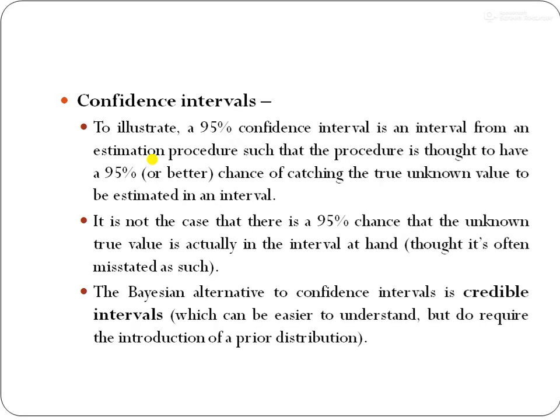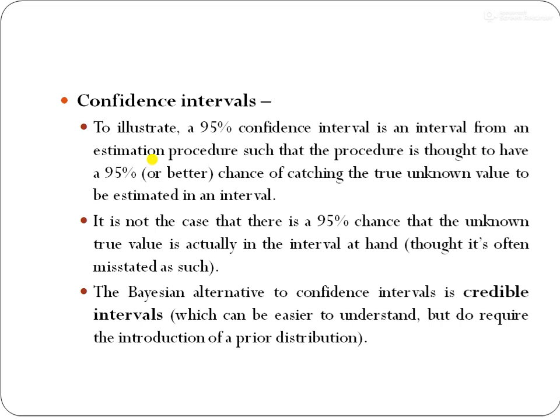The last one is the confidence interval. A confidence interval tells us about the probability of capturing the true value. For a 95% confidence interval, it is an interval from an estimation procedure such that the procedure has a 95% chance of catching the true unknown value to be estimated.